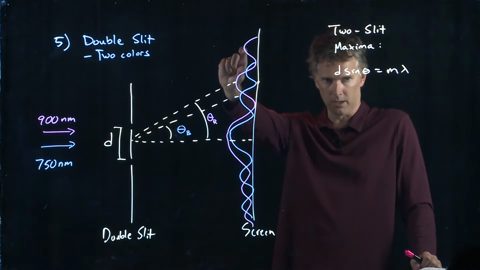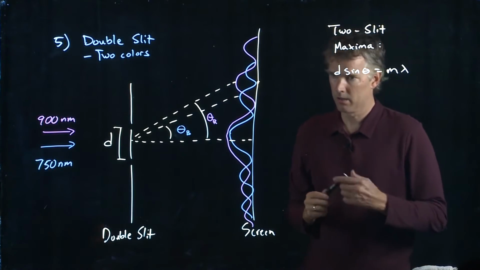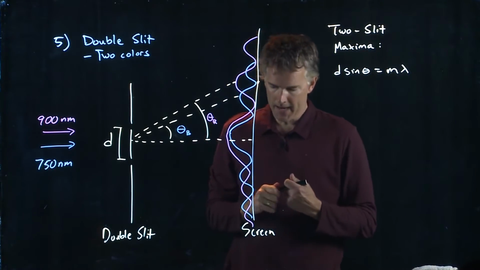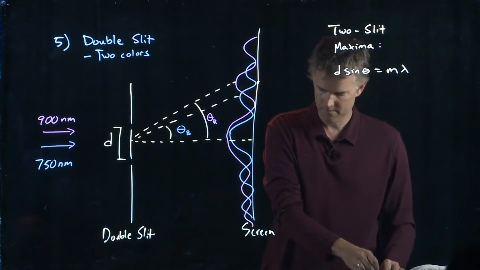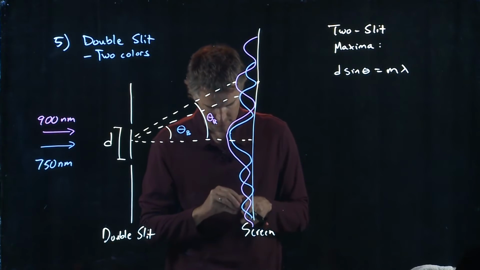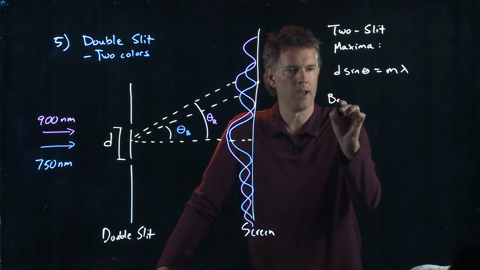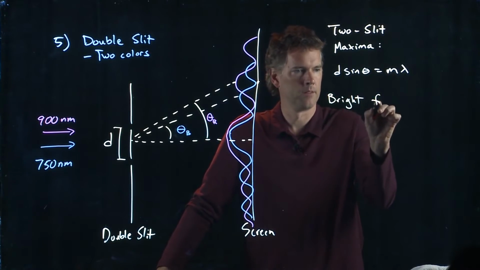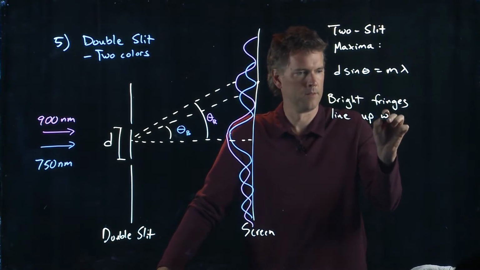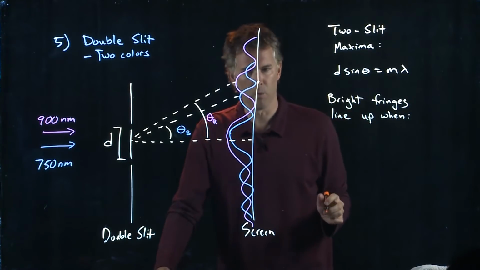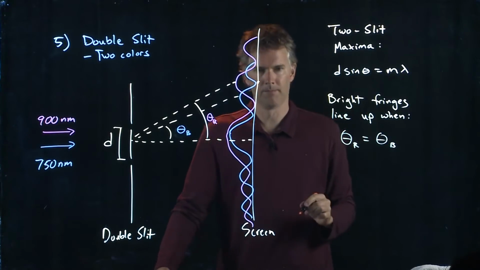Clearly the second one doesn't look like it lines up either. So we need to figure out where they are going to line up. They line up when theta r equals theta blue.